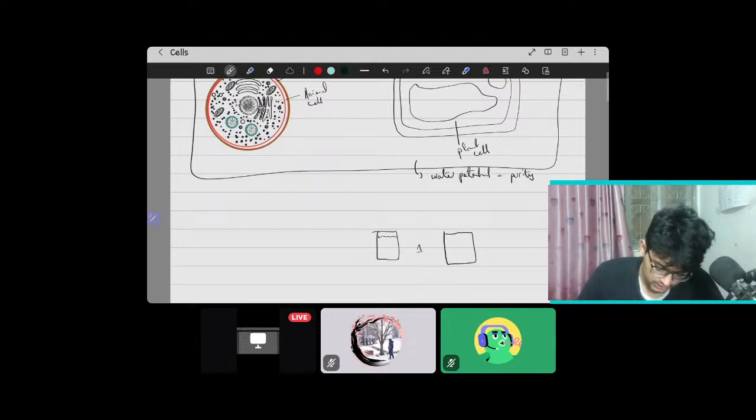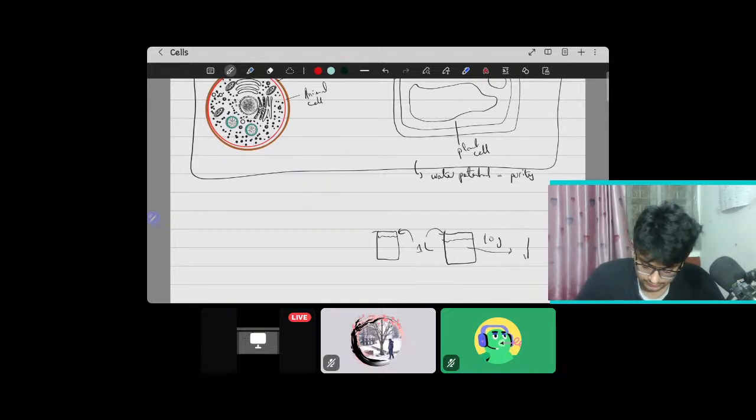They both are 1 liter, but this one is pure and this one contains, say, 10 grams of sugar. So the water is saturated with sugar, so it will have lower water potential. And this one, due to being unsaturated relative to this one, will be called higher water potential.